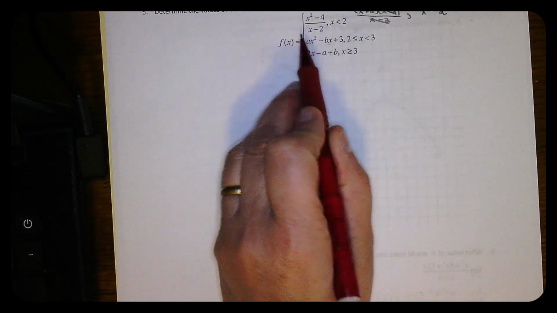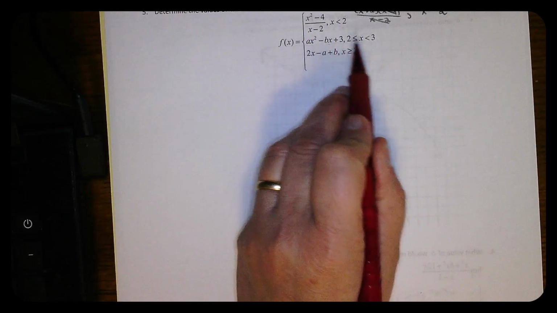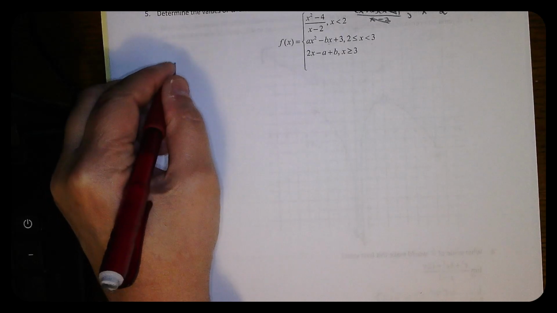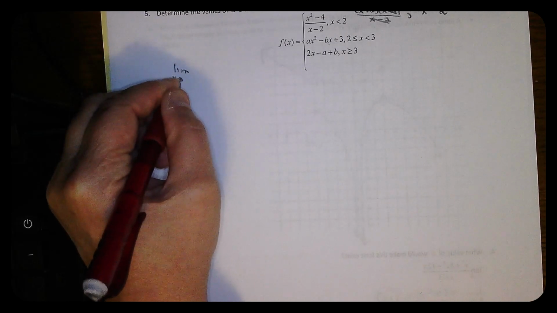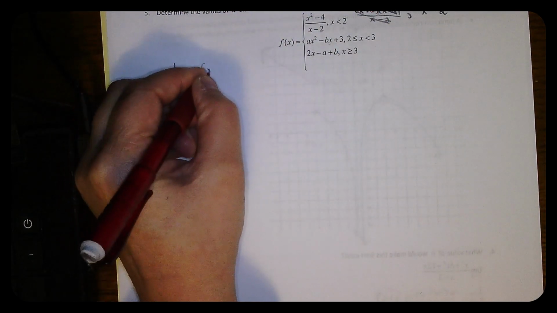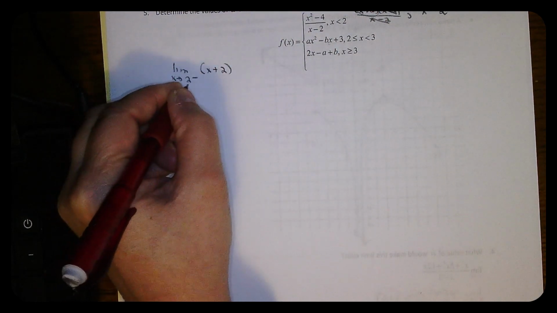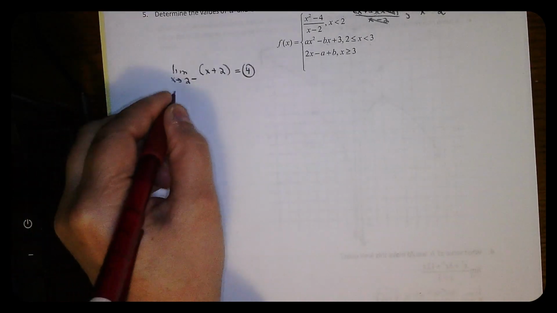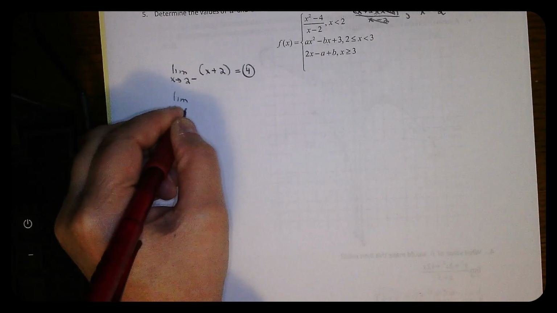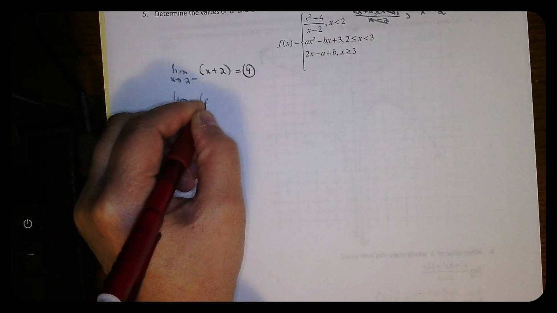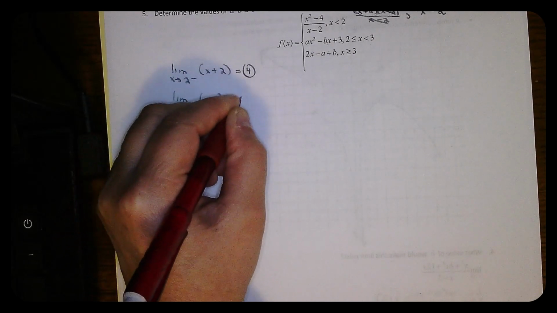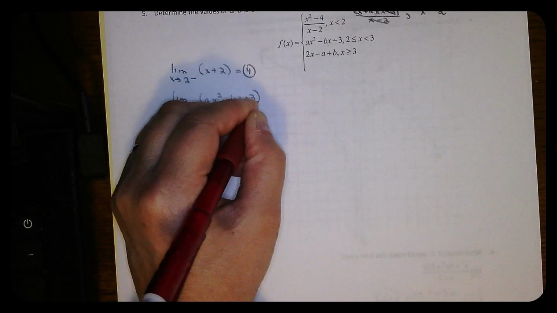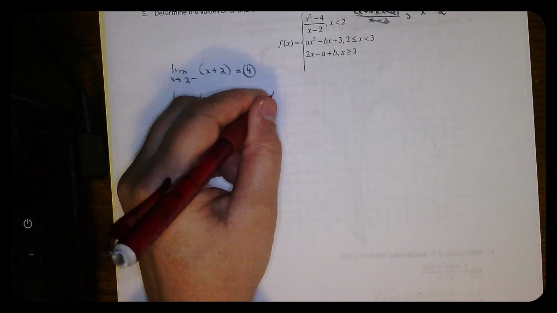So I want the left-hand limits to equal the right-hand limits. So the limit as x approaches 2 from the left, I'm going to use this equation, which is nice because I can just direct substitute and get 4. So now I know that the limit as x approaches 2 from the right of ax squared minus bx plus 3 should equal 4.